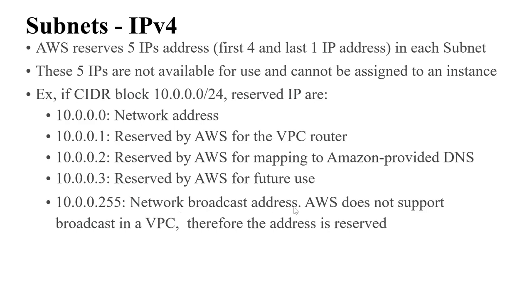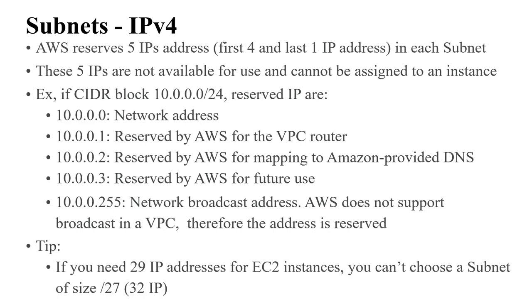The network broadcast address is the last one, and AWS does not support broadcast in a VPC, therefore the address is reserved. For example, if you need 29 IP addresses for EC2 instances, you cannot choose a subnet of size /27 because it gives only 32 IP addresses.